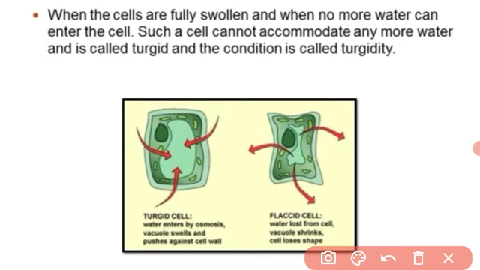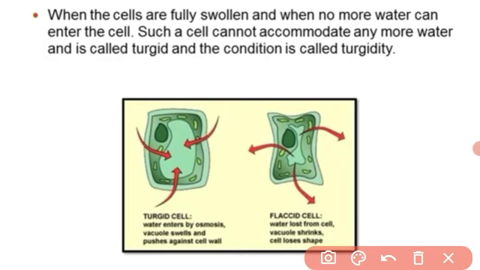Whenever we put the cell into the water, as I taught in the last lecture, what happens? The cell contains a sugar solution, which means it has a lower concentration of water. In the surrounding there is water, because we put the cell into the water. The cell absorbs the water by the process of osmosis, and see, this vacuole becomes large.